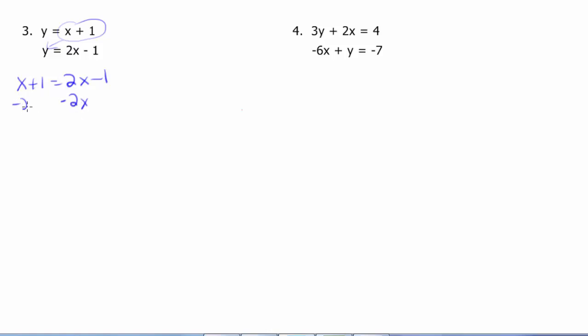Since we have to go to the other side of the equal sign, you have to change your sign. So remember, this is a 1. So 1x minus 2x is negative 1x plus 1 equals negative 1. Now we need to get our constants together. So negative 1x equals negative 2.